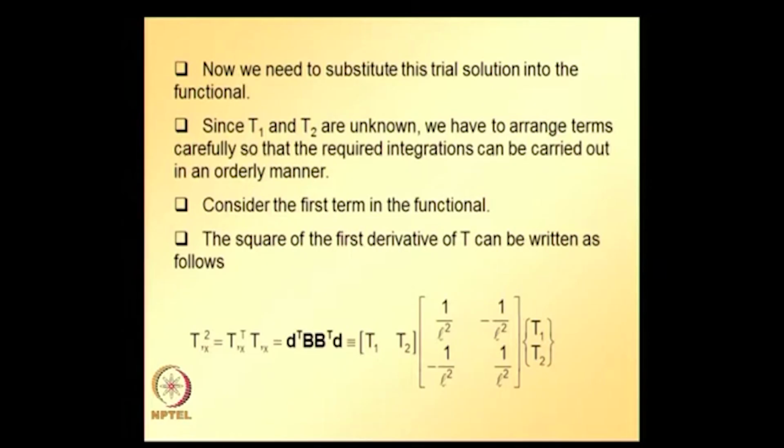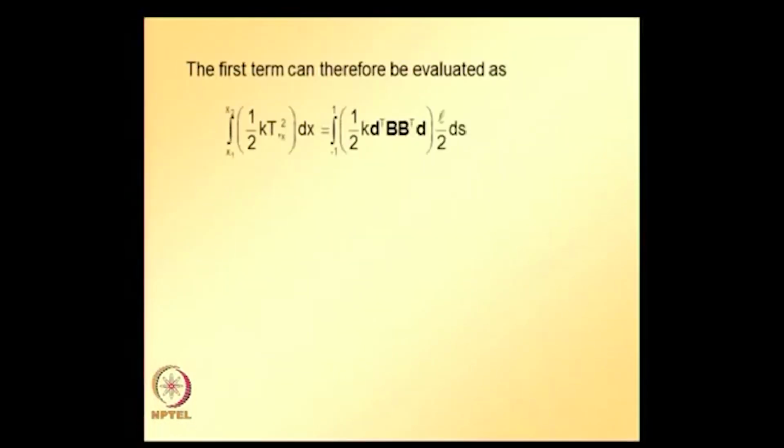After carrying out the multiplications of B transpose, substituting this square of the first derivative of T with respect to x into the first term, the first term can therefore be evaluated as follows.